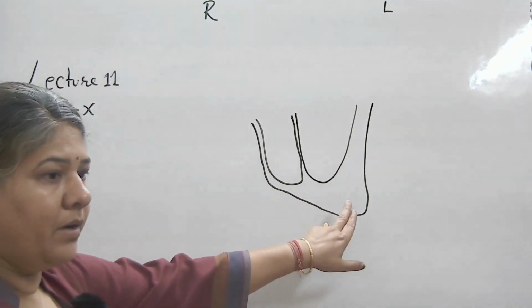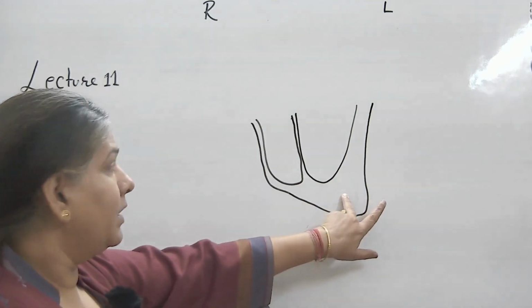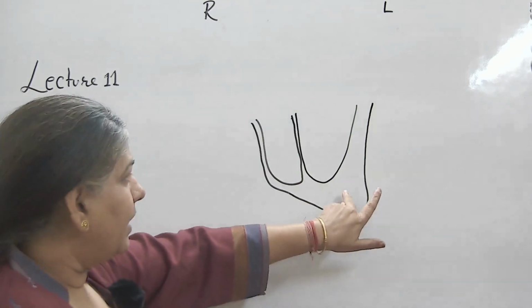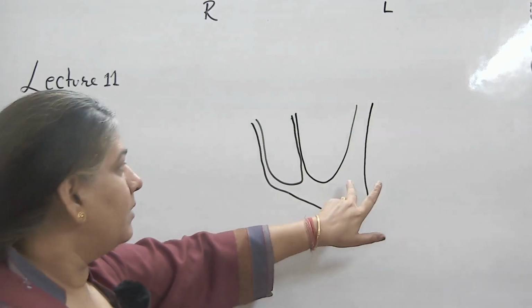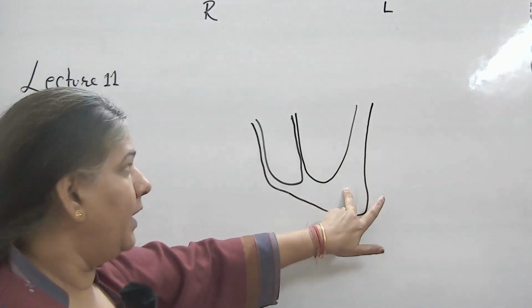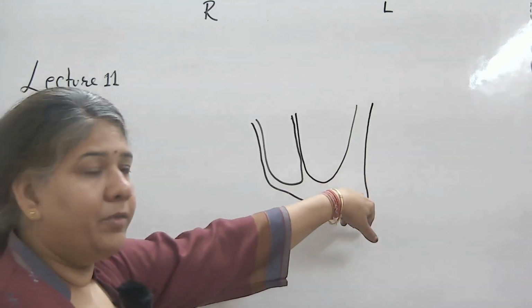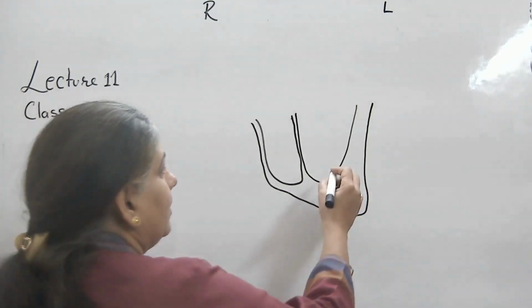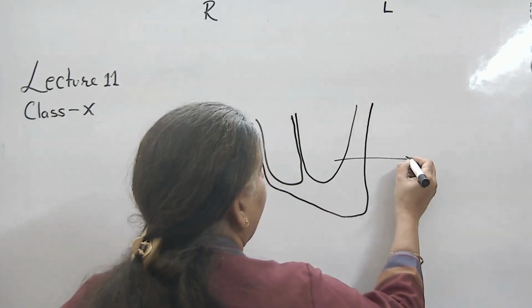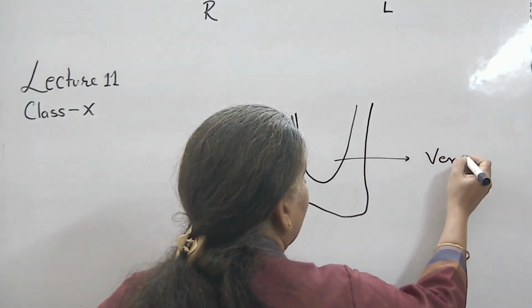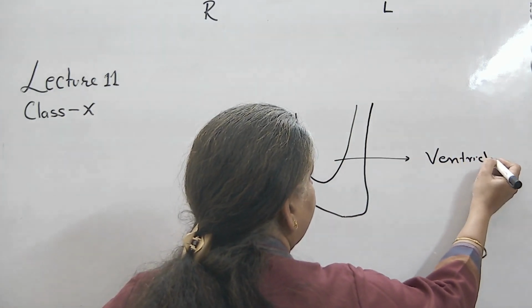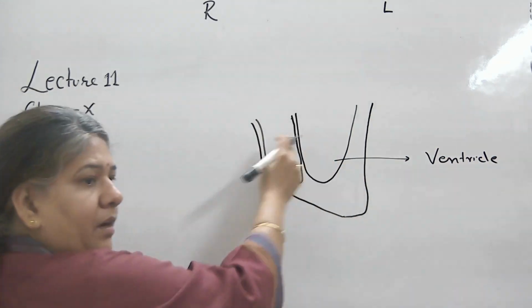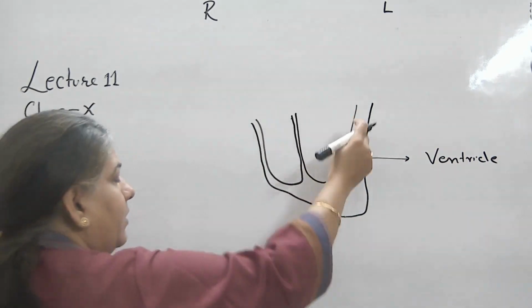This triangular part is the left side, and contraction of this muscular wall gives the feeling that the heart is on the left side. So these lower chambers are ventricles. Left ventricle, right ventricle, this is the muscular wall.